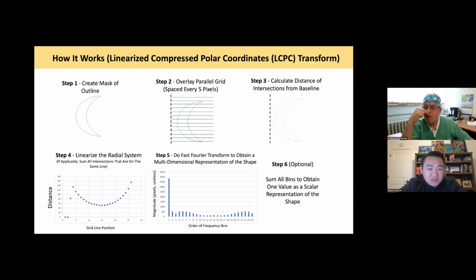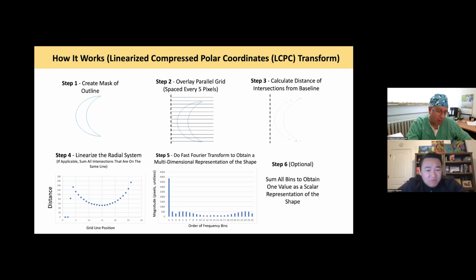The Fourier transform sees that, which works, but you lose so much context of the shape in the image. So I invented the LCPC transform, which is steps 2, 3, and 4, so that we can turn shapes into sinusoid waves, yet capture more spatial context than before.